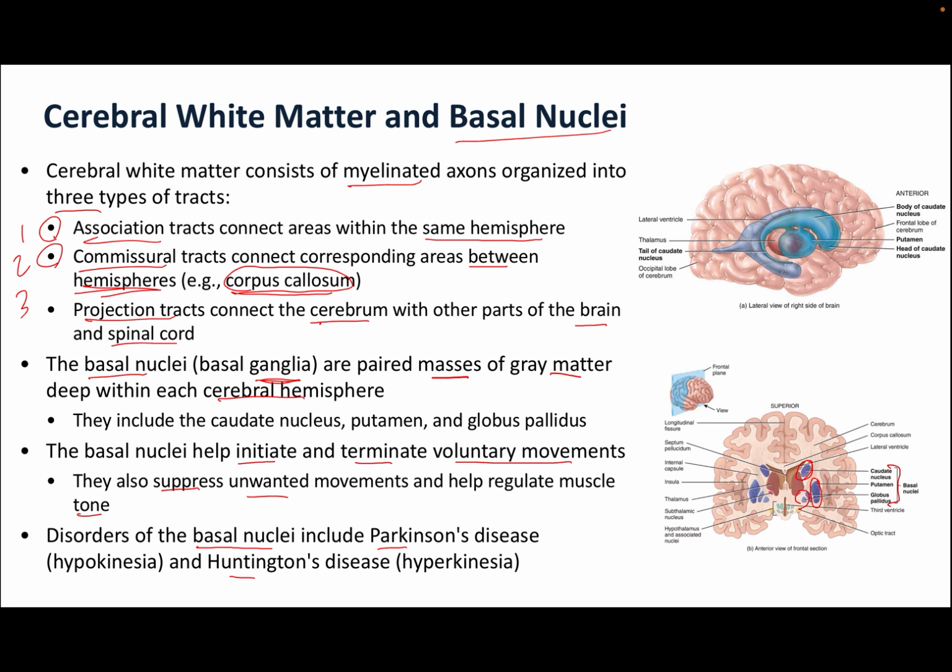Parkinson's disease is characterized by hypokinesia. Hypo meaning low or below, so less movement. And Huntington's disease is hyperkinesia, meaning high or above. So you have either a reduction in movement or an excess of movement, and these are the disorders we see impacting the basal nuclei.